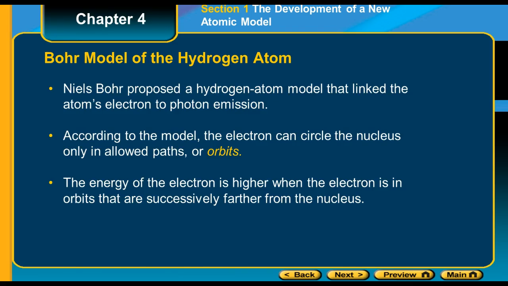Okay, and Bohr proposed the hydrogen atom model that links the atom's electron to photoemission. He indicated that the electron can circle the nucleus only in specific paths called orbits, and in order to reach a particular orbit you needed a certain amount of energy; to go to a higher orbit you needed more energy, or to go to a lower orbit you needed less energy.